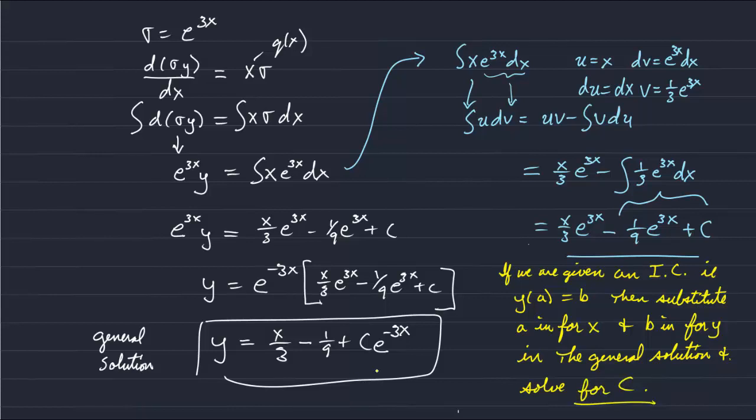So this is the general solution. If we want the special case in which y is equal to b when x is equal to a, then we just substitute a in for x and b in for y, and then we can solve for c, which gives us our particular solution for that initial condition.